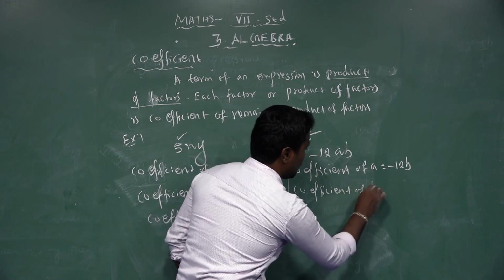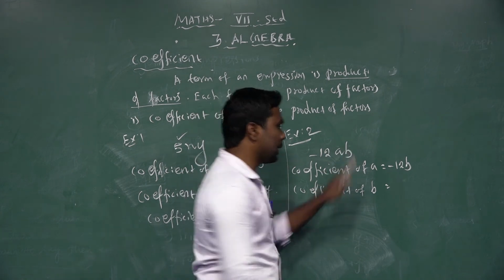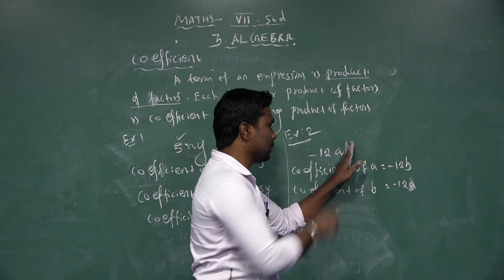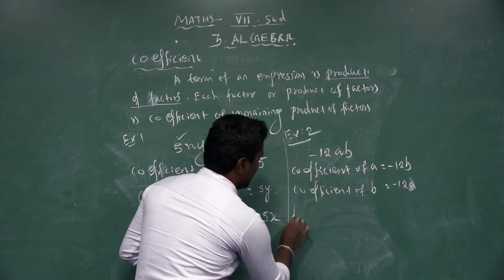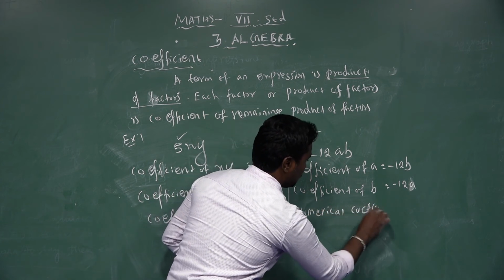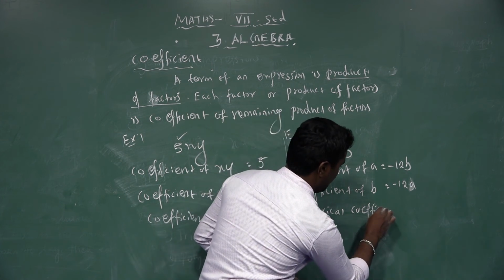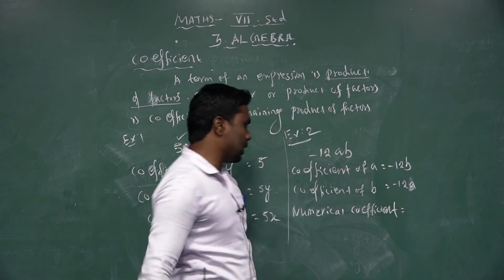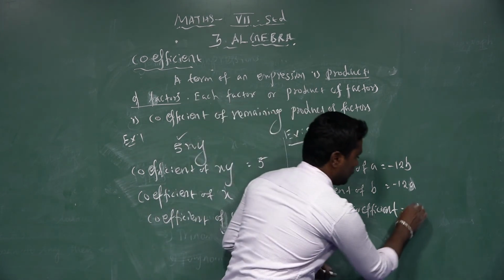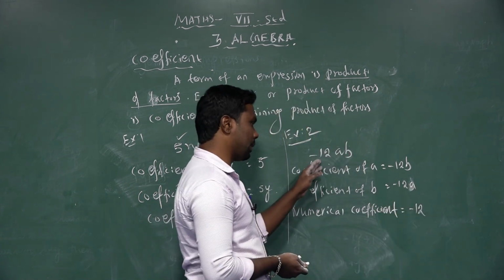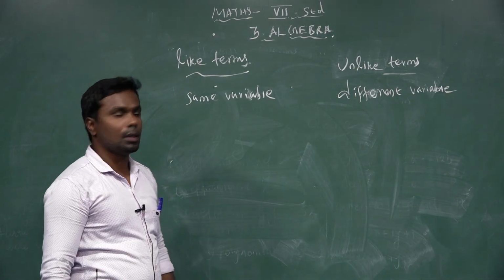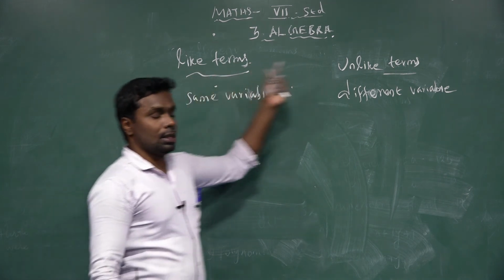Coefficient of B: hide B, the remaining is minus 12A. The numerical coefficient here is minus 12. Simply write the numbers.